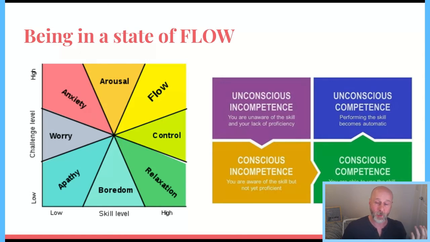On the other hand, top left-hand corner, really challenging for you, but you don't yet have the skills for it. It's going to cause you anxiety. You're going to be worried about whether you can do this or not. Then bottom right-hand corner, relaxation: something that you've got lots of skill in, but it's not terribly challenging for you to do, but you just like doing it because you've built up the skills and it's become easy for you to do.